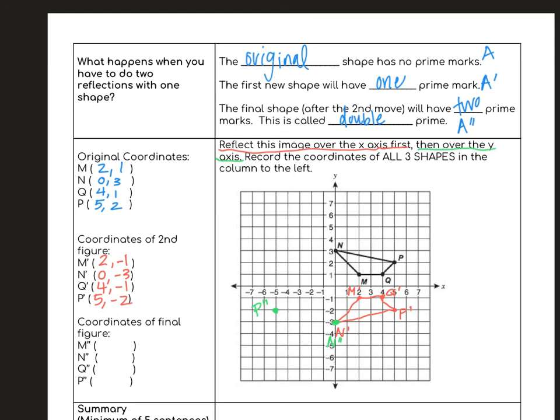My M double prime is going to be right here because remember the M stays just 2 spaces away from the y-axis. So look at the one to the right. So this is my M double prime, and then here is my Q double prime. So let's connect the dots.